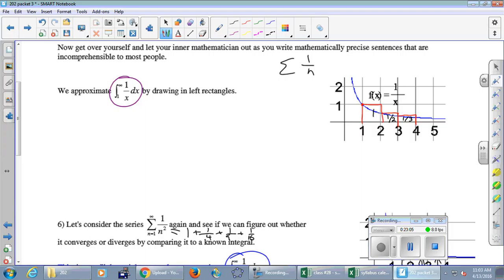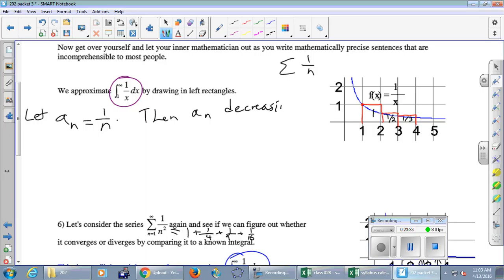We're just going to give a name to the terms. Let a sub n equal 1 over n. Then that list of numbers, the a sub n's, are clearly decreasing.